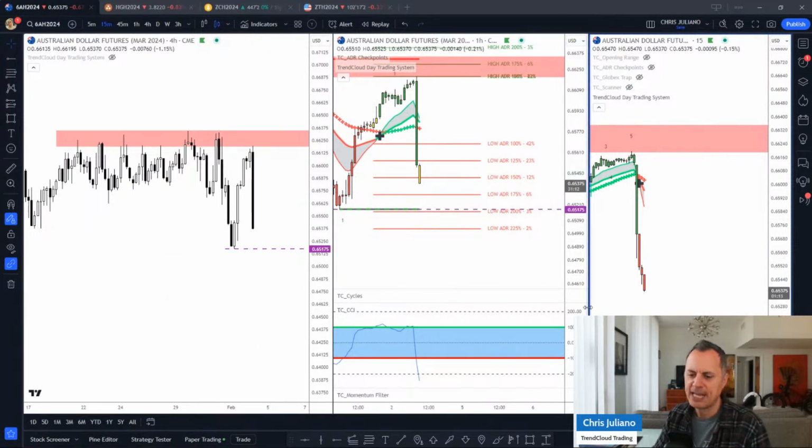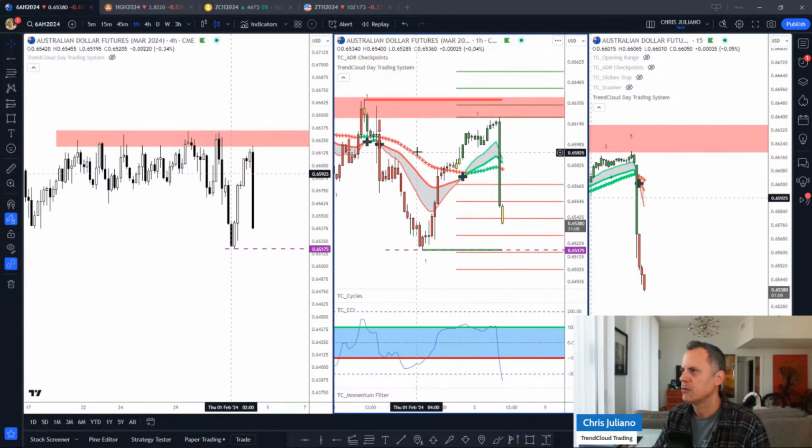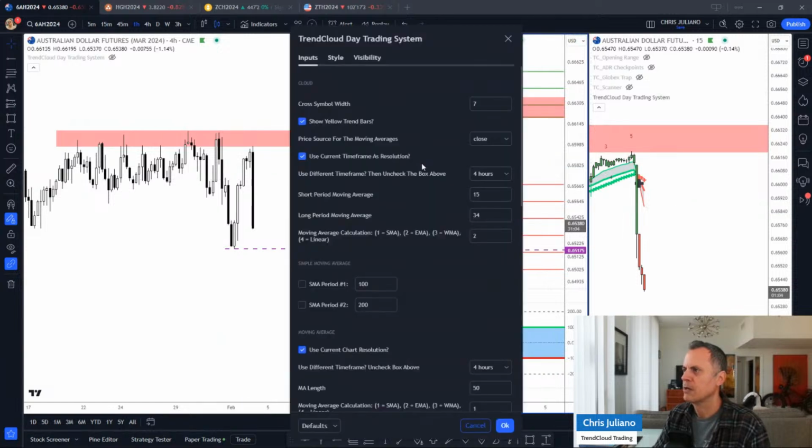How would you add the 8 and 89 EMA? You would go here. Okay. And you would put it here. There's two places you would have to put it, Kazi. So you would have to put the 8 and the 89 here.